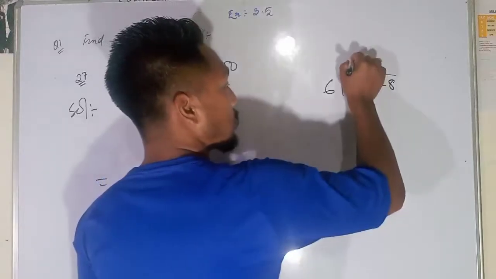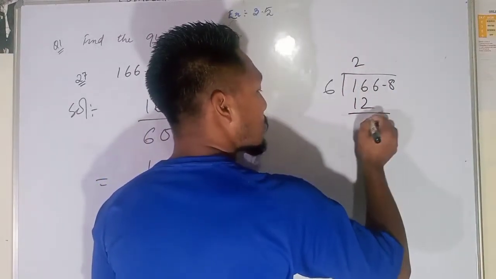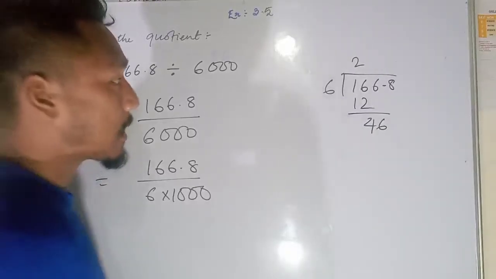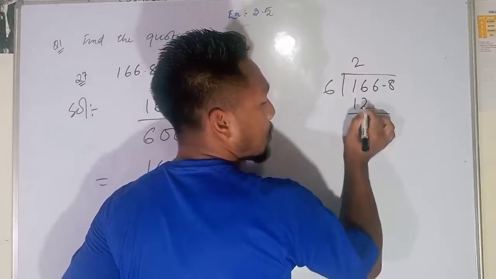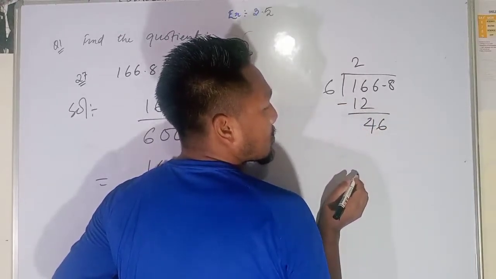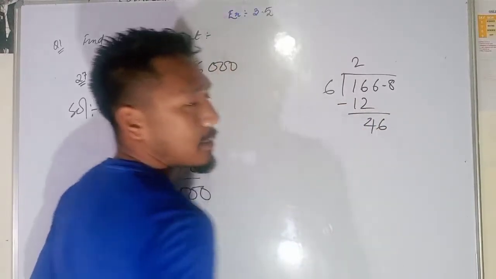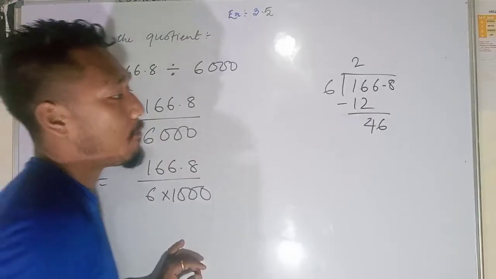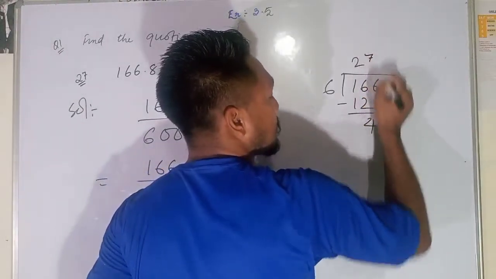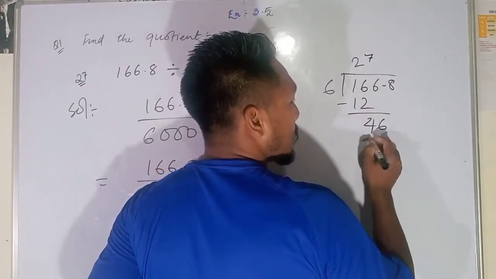So 6 2s are 12. So subtract it, 4 in n, 46. 6 6s are 36, 6 7s are 42.